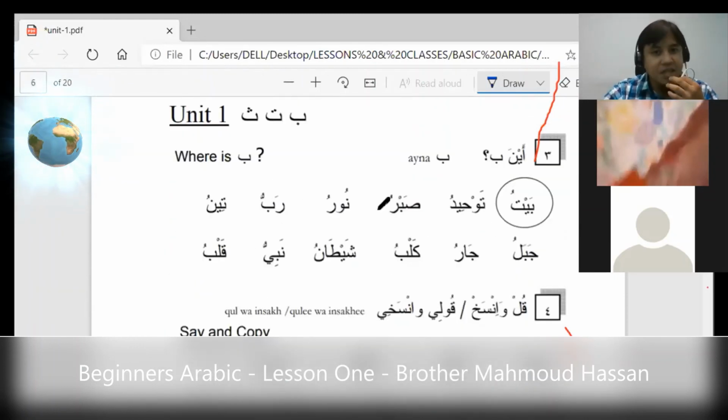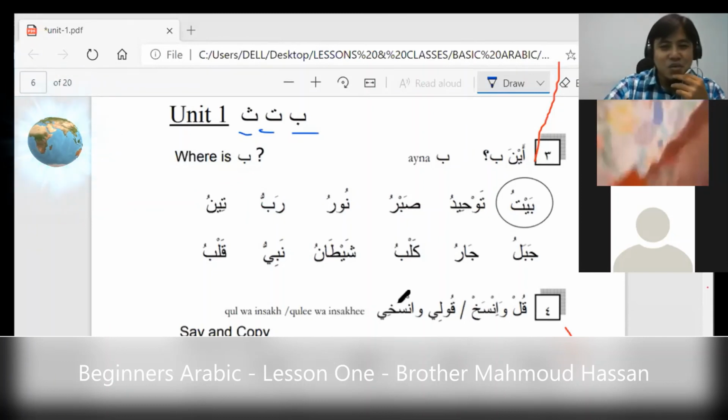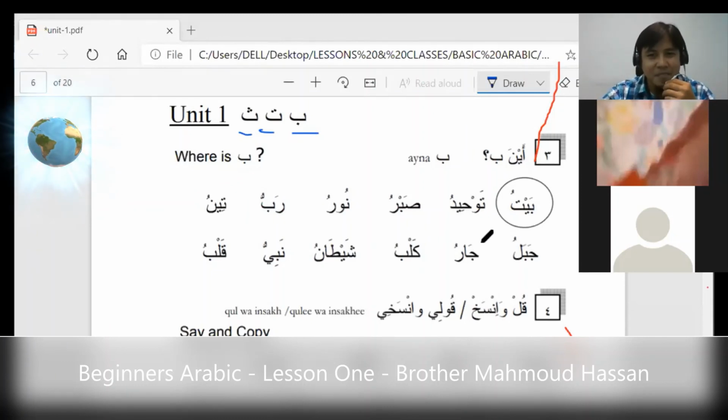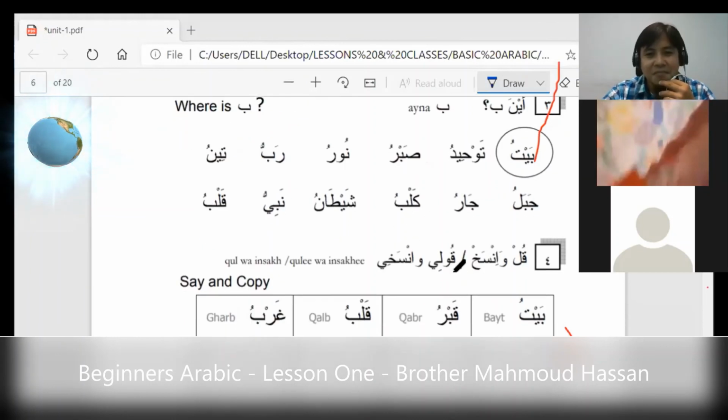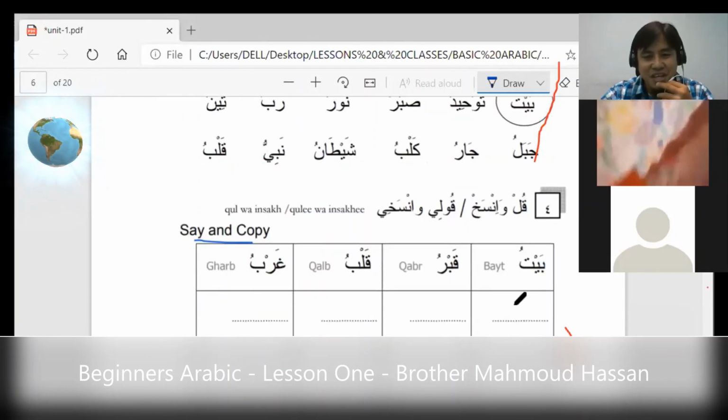And of course, here, unit one, as we said, ba, ta, tha, and we now have less than 1 minute remaining. Anyway, inshallah, we are going to continue this class next Tuesday. And you can see here, قل وانسخ, قولي وانسخي, say and copy. The same thing we are going to do here.